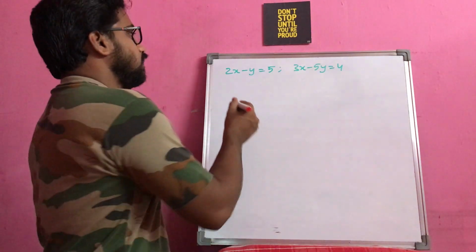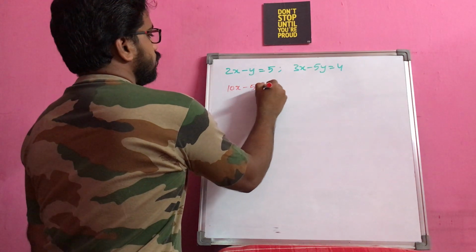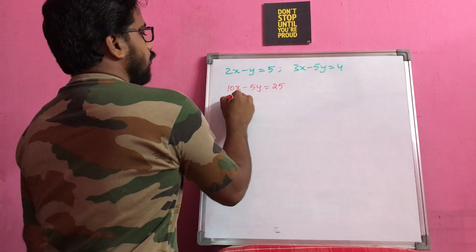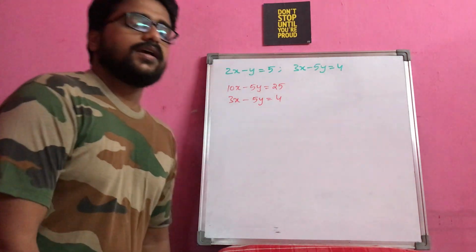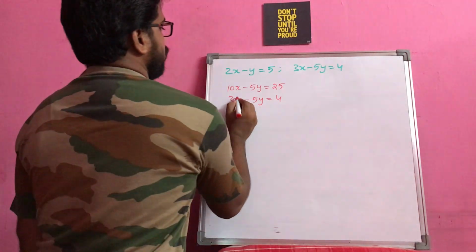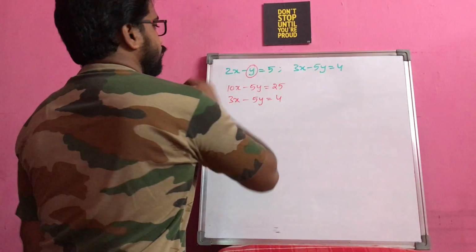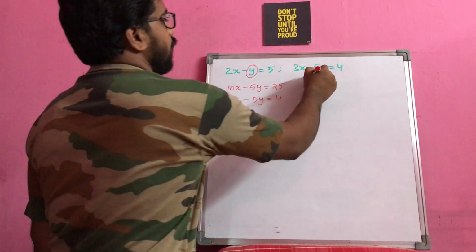So let us see that in the first equation I will multiply with 5. So this is equal to 25, and the second equation I will keep as is without simplifying anything. What happened here? Previously the coefficient of y is 1 here, but here I am having 5.